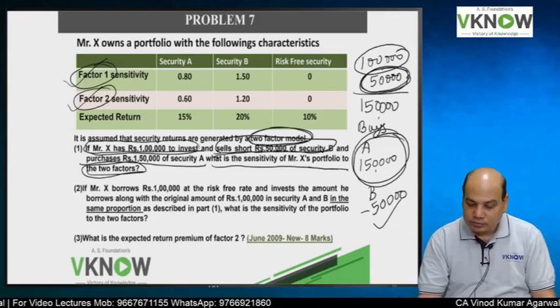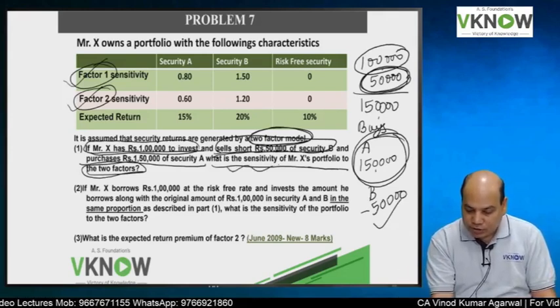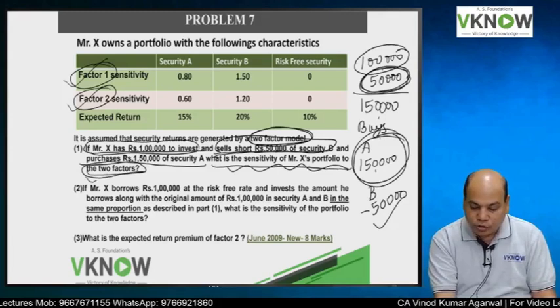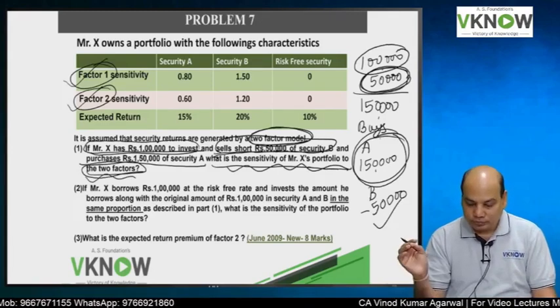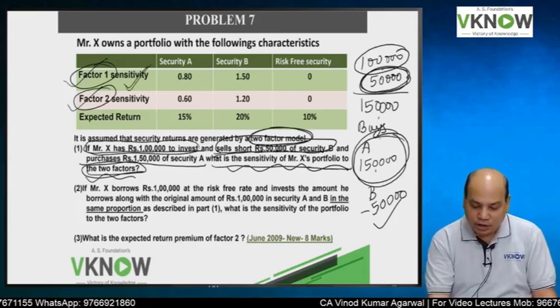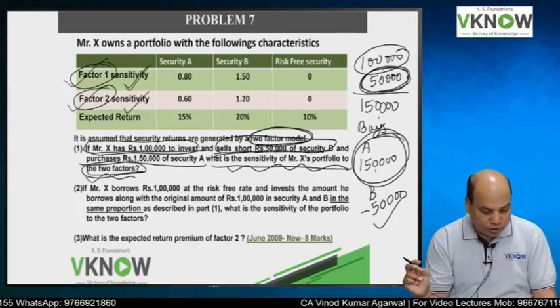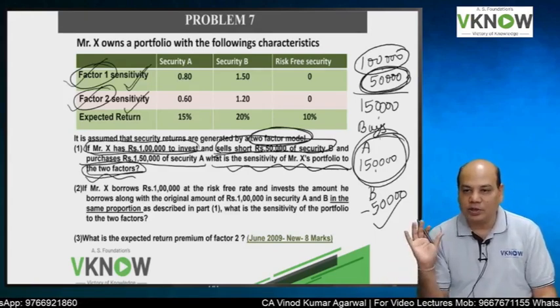Is it right? So you have to find out the sensitivity of Mr. X portfolio to the two factors. Portfolio sensitivity for factor 1 and factor 2 is always equal to weighted average beta.